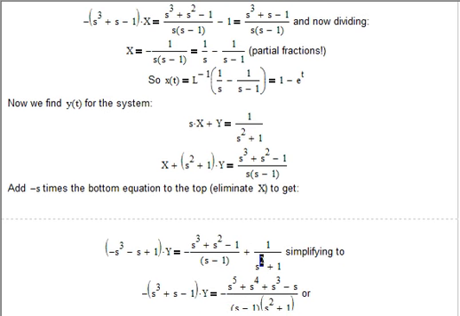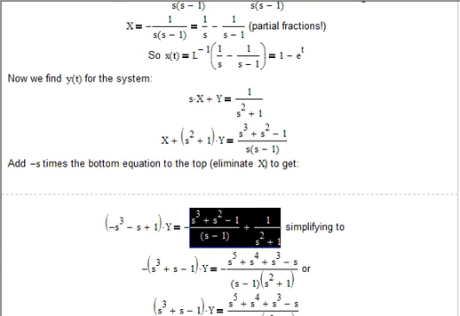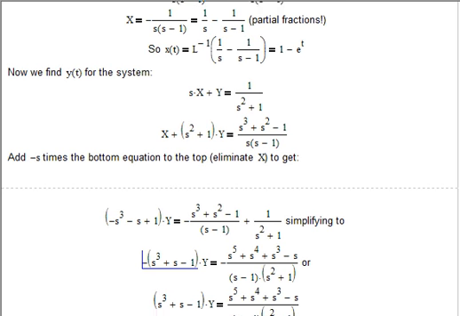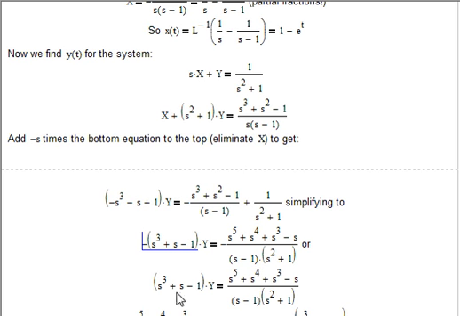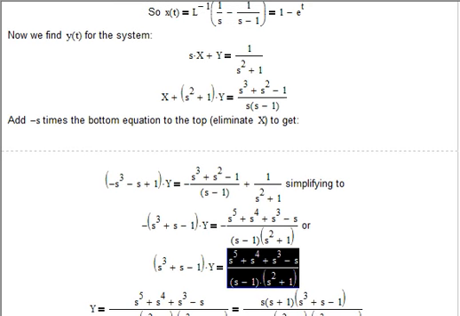Now algebraically these two things need to combine, and you'll have to trust me on the algebra, but I did it, and it did wind up being s to the fifth plus s to the fourth plus s to the third minus s over s minus 1 times s squared plus 1. And of course on the left side I did factor out the negative, but these negatives both cancel, and so we get s cubed plus s minus 1 times y equals this horrible partial fraction over here.